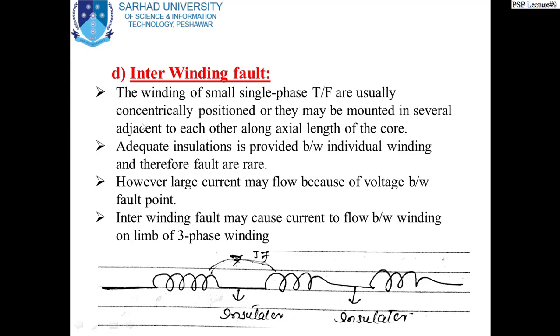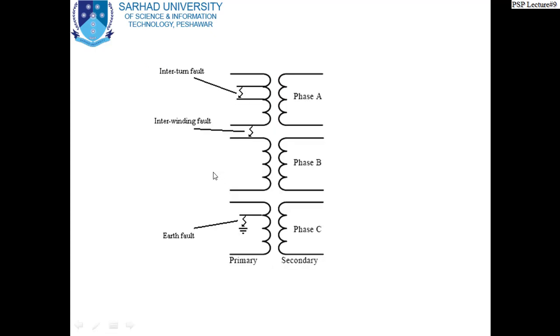So one is of course the earth fault, one is the phase fault between two phases, one is between two turns, the inter-turn fault, and one is the interwinding fault. Now all these faults are summarized in this figure.